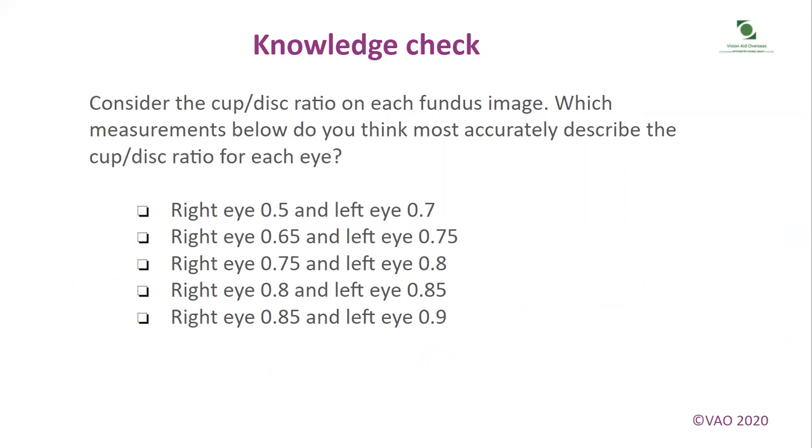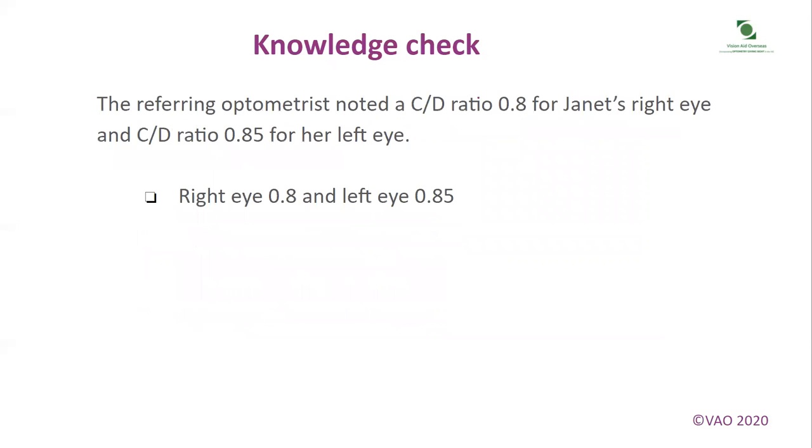And these were your options once more. So the referring optometrist in this case noted a cup-to-disc ratio of 0.8 for Janet's right eye and a cup-to-disc ratio of 0.85 for her left eye.